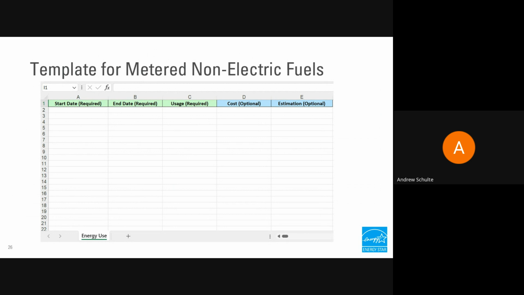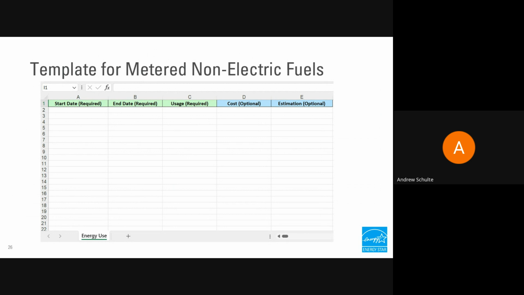So it is possible that if you were to download these spreadsheets and put them in the back end of your system for generating spreadsheets for your customers, when they go back into Portfolio Manager, the template could be outdated, and therefore the select and upload functionality would not work.